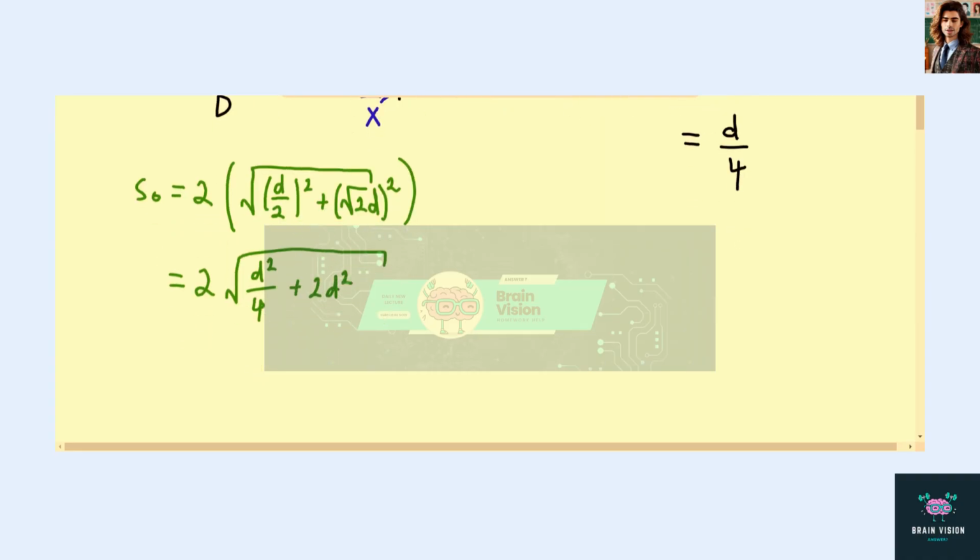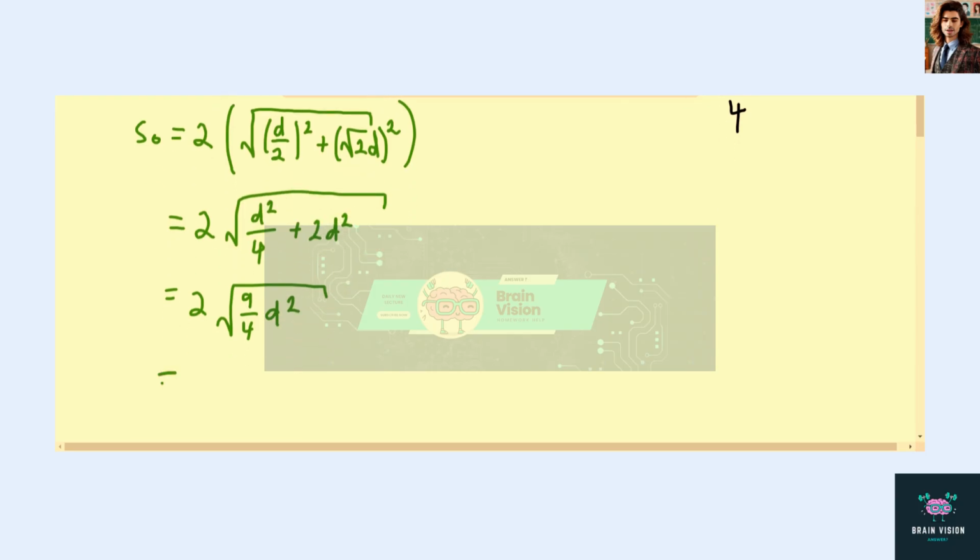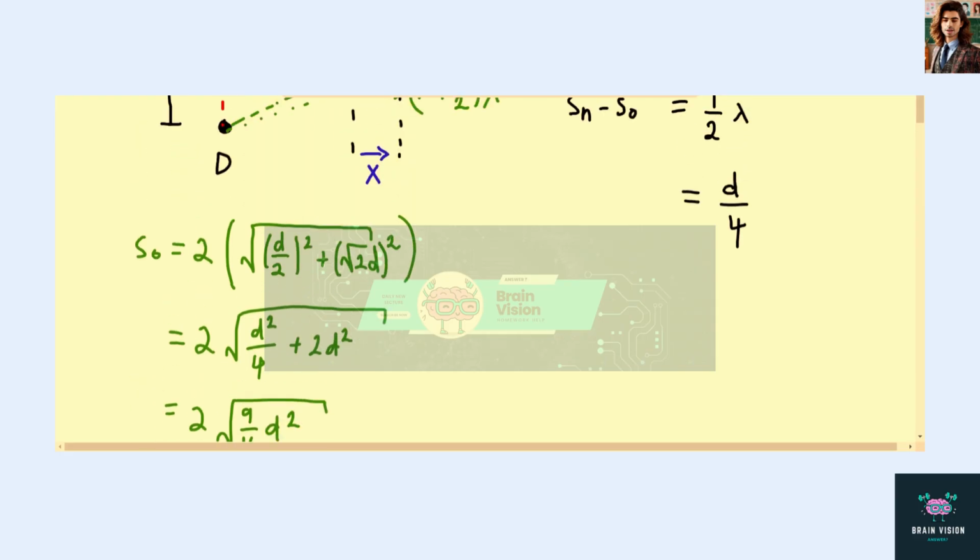So under this square root, that's going to be 9 over 4 d squared. And if I take the square root, I get 3 over 2. The 2's cancel, so that's just going to be 3d. Okay, so S0 is 3d.